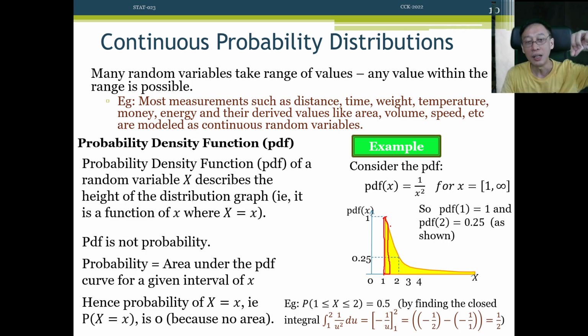And area is the probability. Area under the PDF is the probability, right? So even though the y value itself on a particular x value, the one point, has no area, that's why we say PDF is not probability.